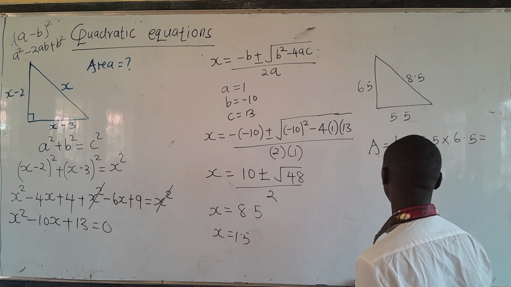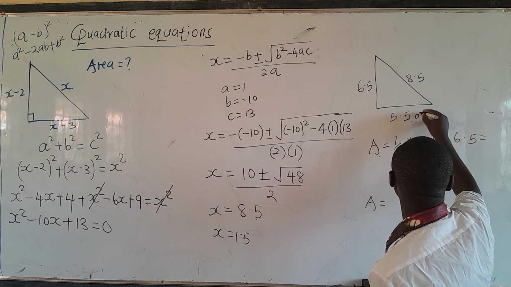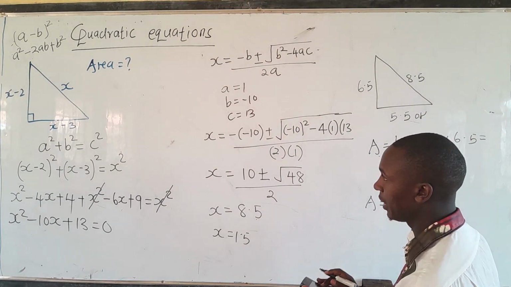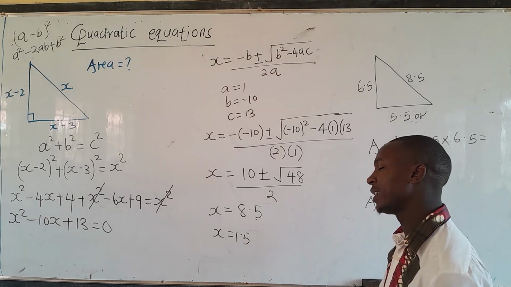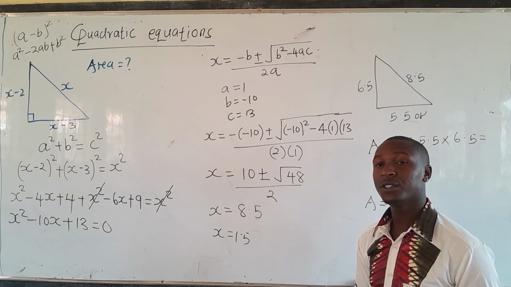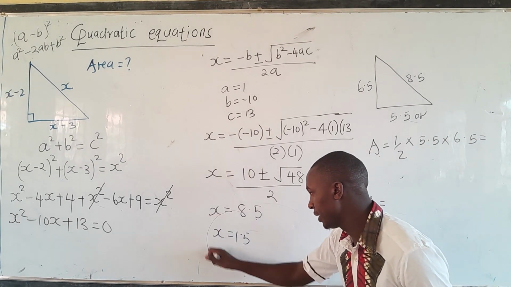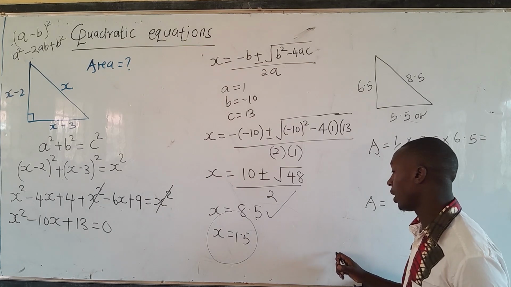That is the first possible area, and for the second one we use 1.5. Here, 1.5 minus 3 is negative 1.5. Remember, we cannot have negative dimensions, and therefore we are going to ignore this and take 8.5 as the correct value of x for our triangle.